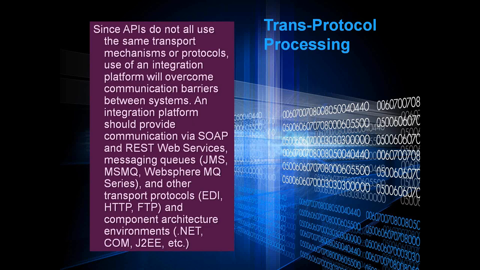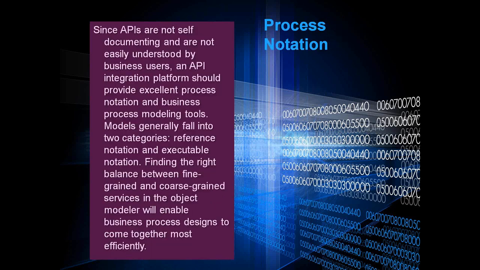It should be able to work with a messaging queue, whether that's JMS or MSMQ or WebSphere MQ Series, and other kinds of transport protocols, EDI, HTTP, FTP, flat file interfacing, whatever, and component architecture or compositing of business application logic by being able to call .NET code or COM objects or Java objects and classes and so on. Even when we're not programming, we might want to be able to access business logic in this fashion.